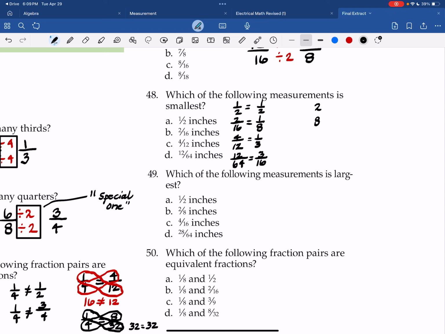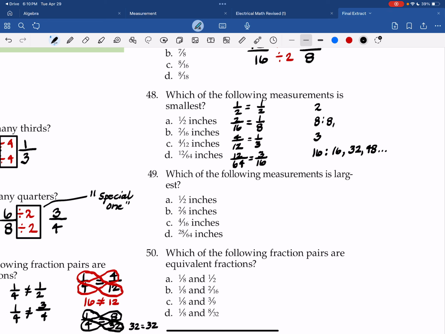So let's use least common denominator. I'm going to start with my biggest denominator, and that's 16, and I'm going to start listing multiples. 16 times 2 is 32. 16 times 3 is 48. And I think I've got a match. Let's move to the next biggest one.